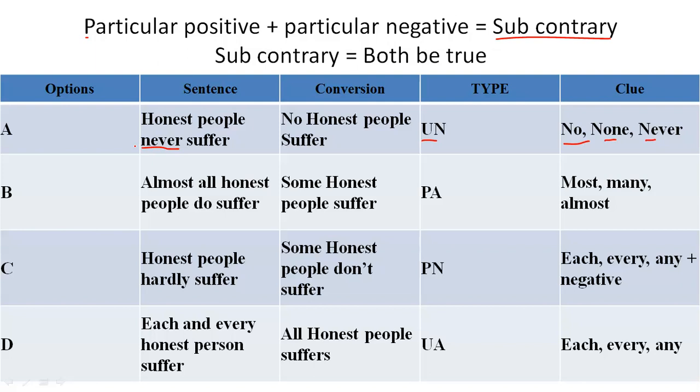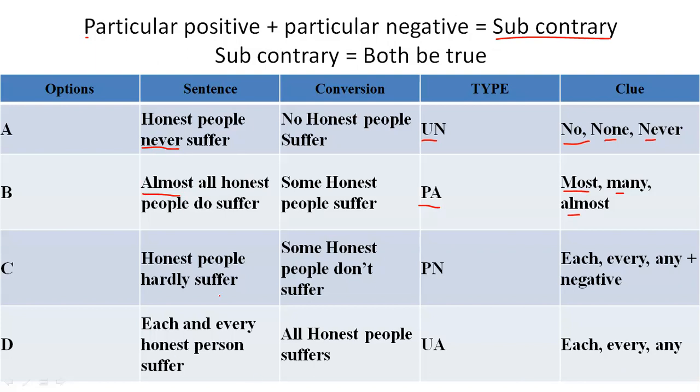When you say most, almost, many, this is the clue. Those who went through the theory of square of opposition will know it very well. Most, almost, many mean particular affirmative or particular positive. It means some or few. So some honest people suffer or few honest people suffer is equivalent to almost all honest people do suffer. Correct? So my clue is here.